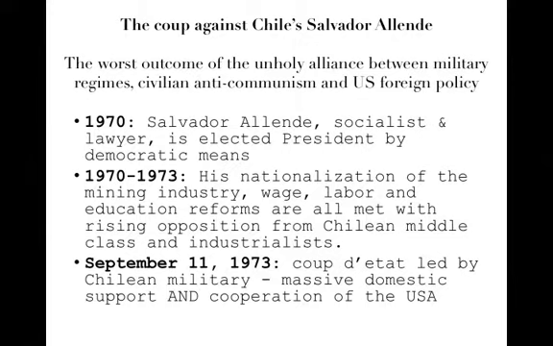And he nationalized the mining industry. He had wage reforms, labor and education reforms that were all met with loud opposition from the Chilean middle class and by industrialists. And with support from the United States, by covert means, they managed to destabilize the Chilean economy, the Chilean political system. And by 1973, the economy was in almost standstill. Every major industry was striking.